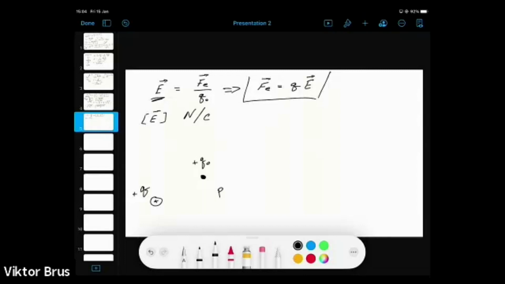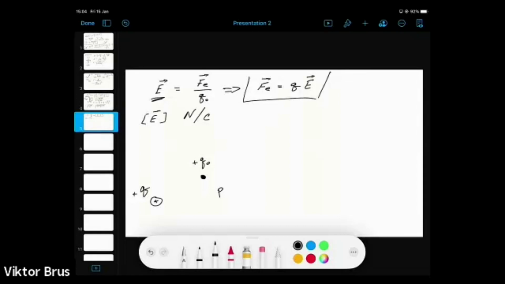This small test charge we need in order not to disturb too much electric field around the source charge, which is large and predominantly defines the electric field in the nearest surrounding.